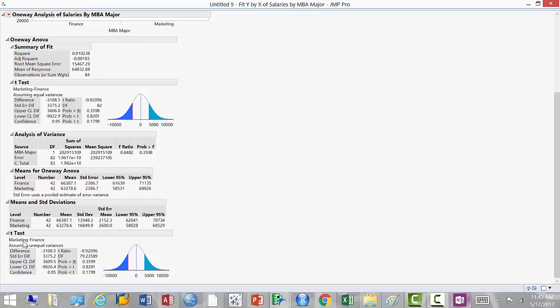So it's still marketing minus finance, assuming unequal variances, and I'm looking at the same hypothesis: marketing minus finance less than 0. That's what I'm testing, so I'm looking in the left tail of the distribution. Look at that, probability less than t, 0.1799. So it's the same p-value, and we'll get the same conclusion.